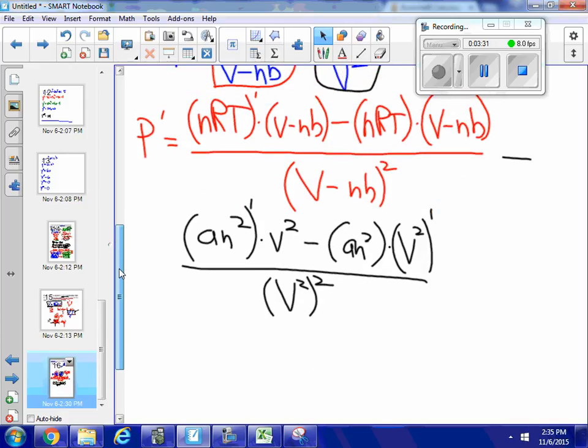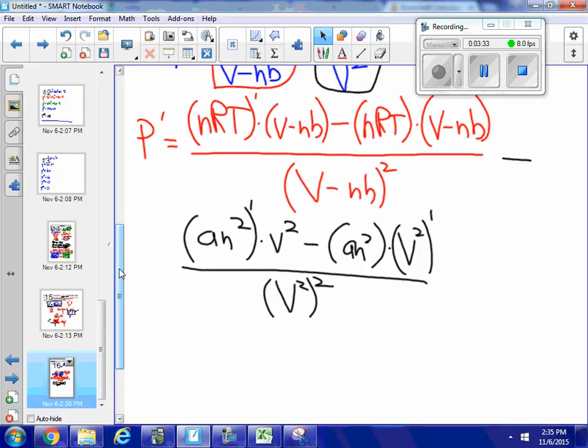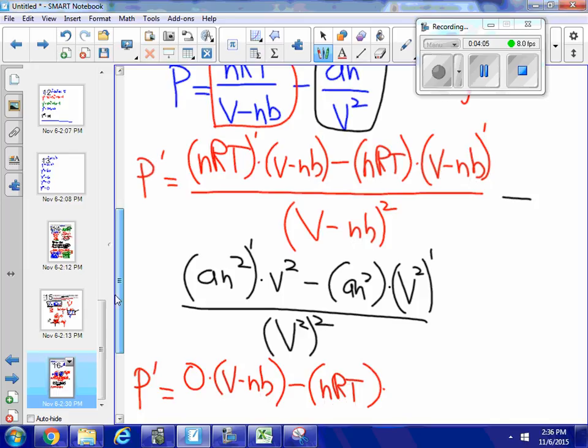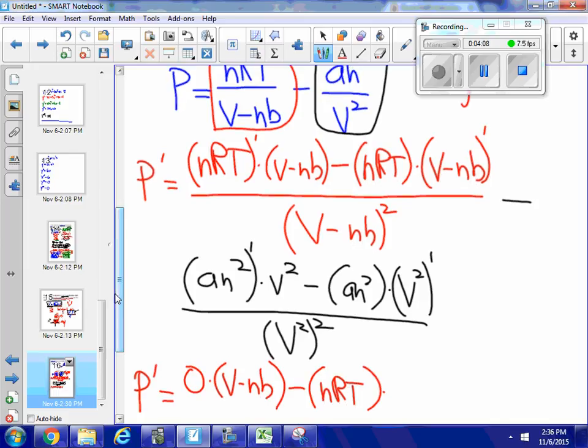I'm going to look at my first term right there, the red term. So I have P prime is equal to, well, nRT, n, R, and T are all constants. So that's going to be 0 times V minus NB. That'll be easy to simplify. Minus nRT, some kind of a constant, times, well, V minus NB prime.